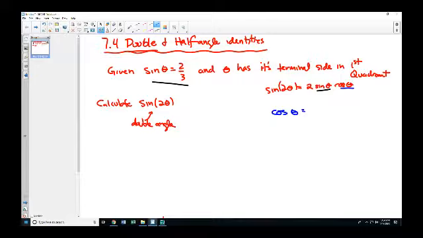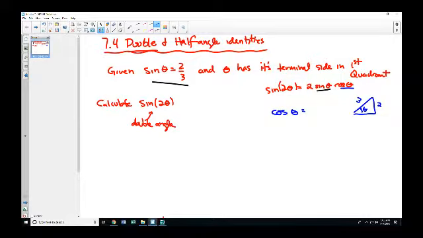No, we're going to have to figure that out. There's a couple different ways. Sine is opposite over hypotenuse, correct? Can you figure out cosine?